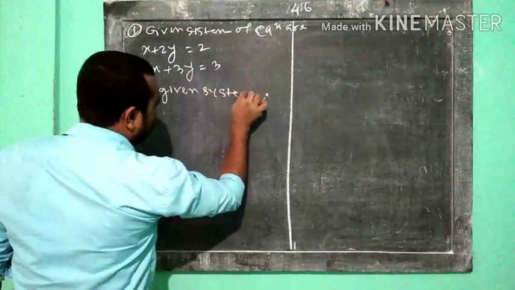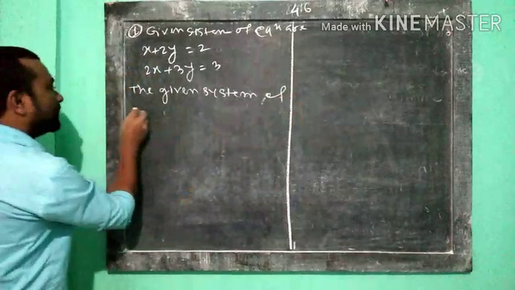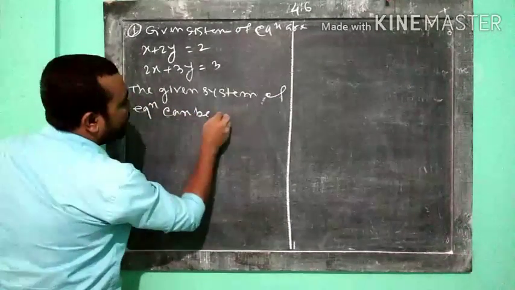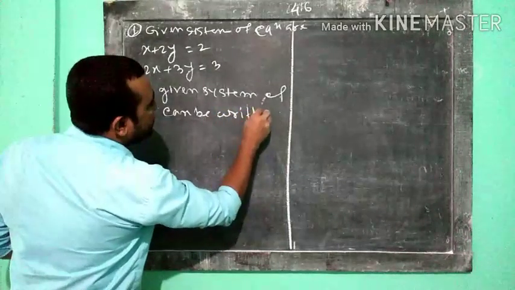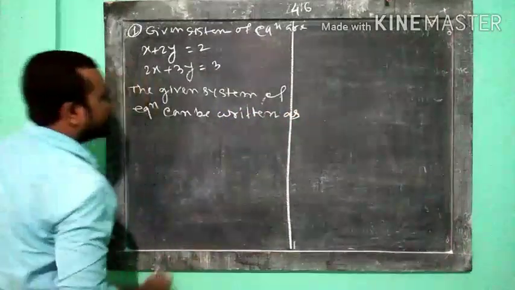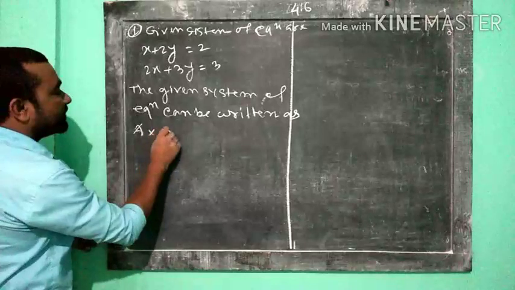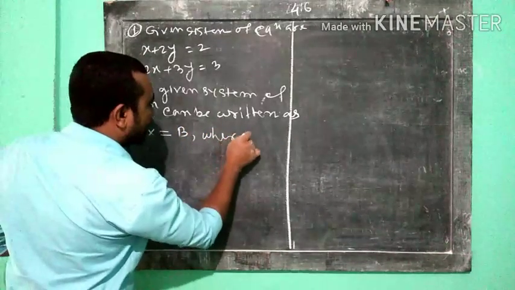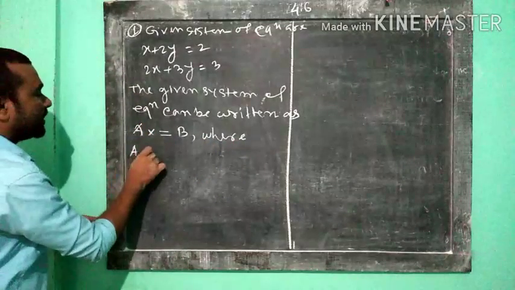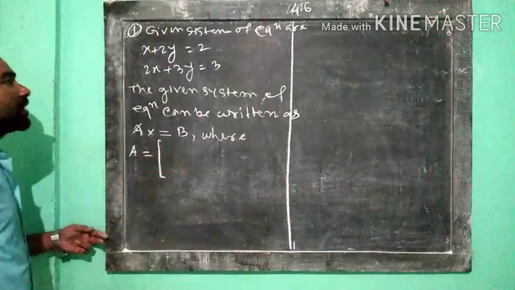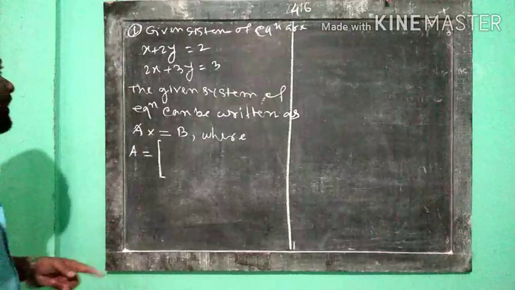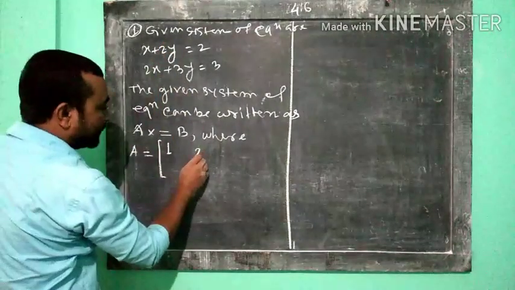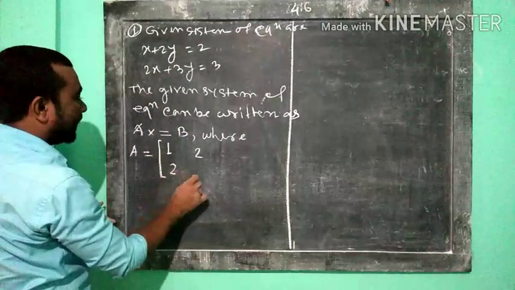The given system of equations can be written as AX equal to B, where A is the coefficients of x and y: this is 1, this is 2, this is 2, and this is 3.